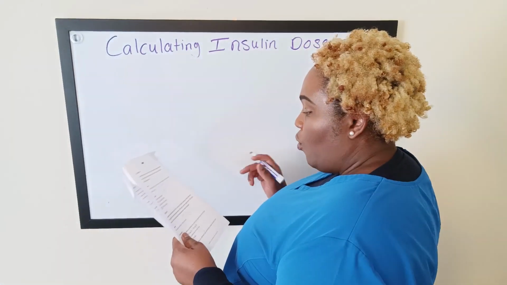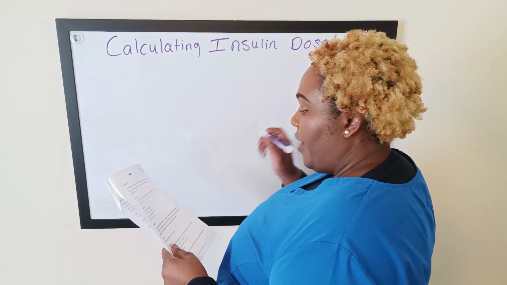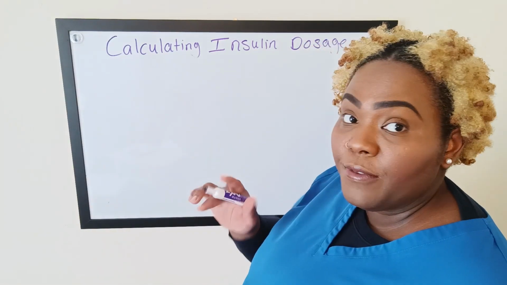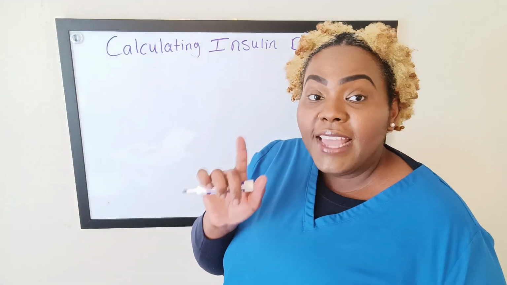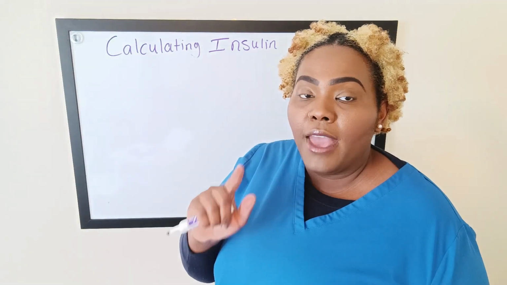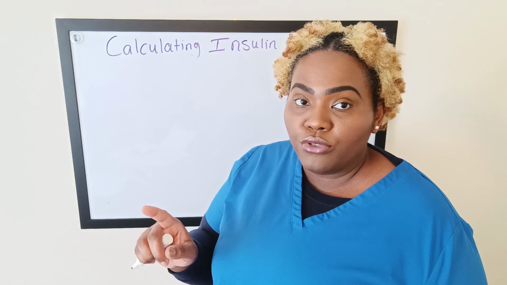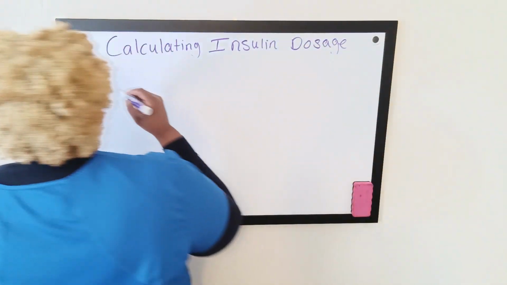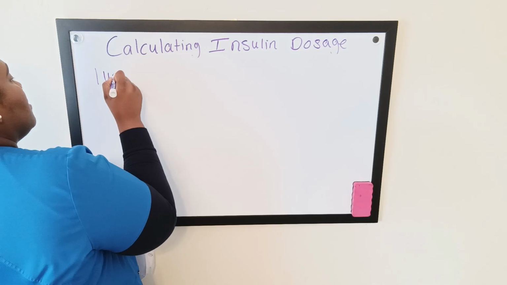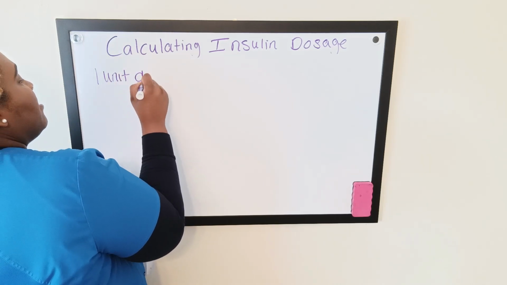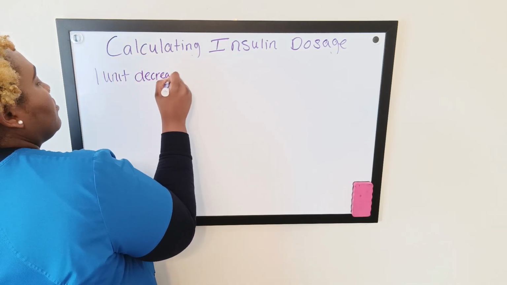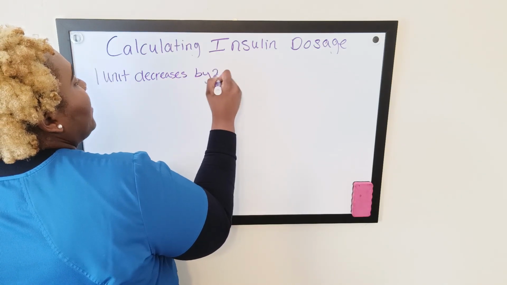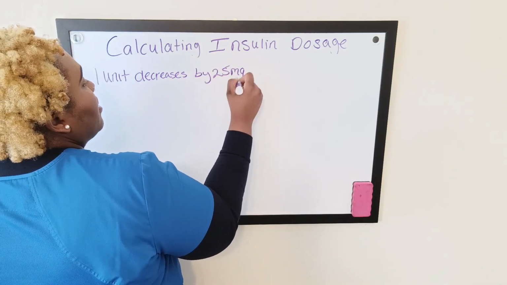So, we know 1 unit for every 25 mg/dL our patient decreases. For every 1 unit we give them, they decrease 25 mg/dL on their blood glucose. Okay, that is what this is. All right, so we're going to write that 1 unit decreases our blood glucose by 25 mg/dL.